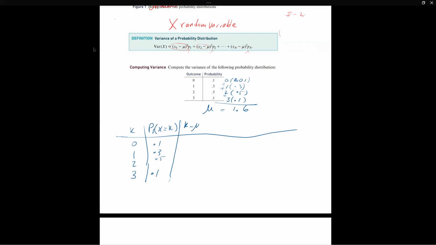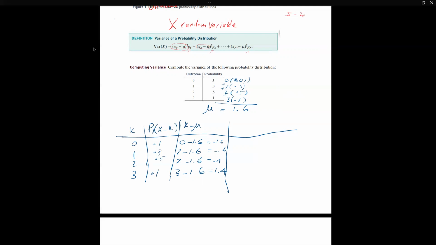Then k minus mu: we have 0 minus 1.6, where we calculated mu, which is the mean, 1 minus 1.6, 2 minus 1.6, 3 minus 1.6. That gives negative 1.6, negative 0.6, 0.4, 1.4.